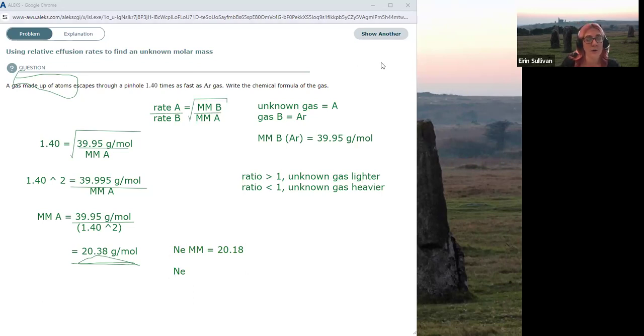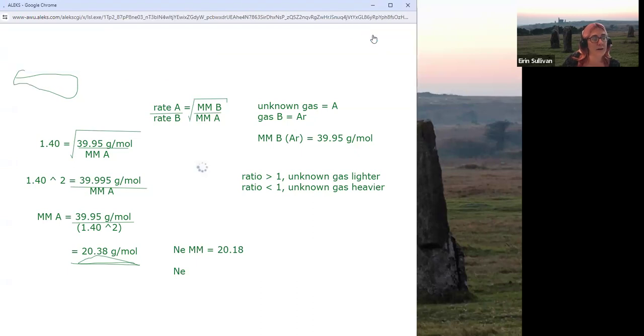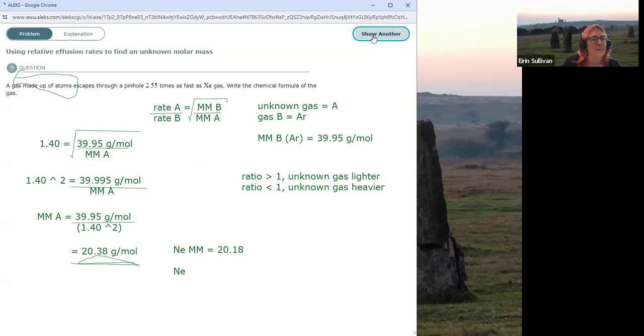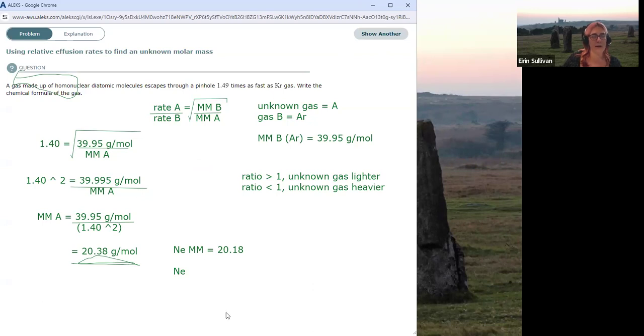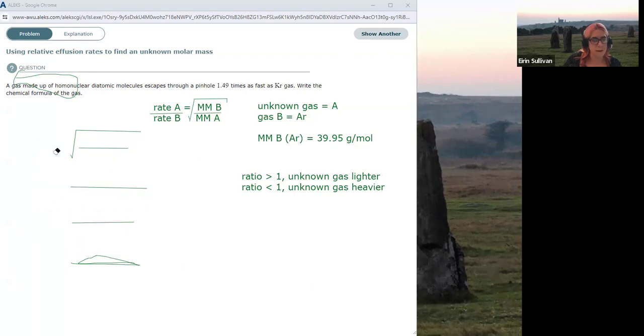So I just want to show you another variation of that question where it doesn't say the gas is made up of atoms. Let's look for one. Come on, give me one where we have a homonuclear diatomic molecule, okay? So this bit right here, homonuclear diatomic molecules.